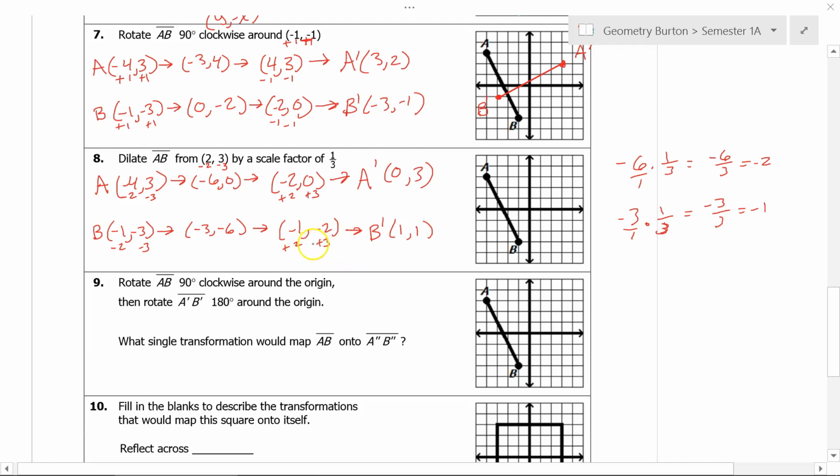Just double checking. Alright, so 0, 3 is going to be right here, so that'll be my A prime. And 1, 1 is going to be right here, and that'll be my B prime.